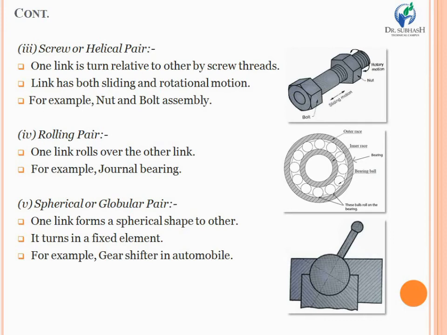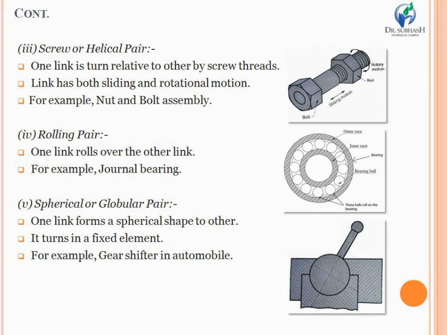For example, take a nut and bolt assembly: whenever you tighten the bolt in the nut, due to the thread the bolt will move, or the nut will move, along with sliding action. This is a typical example in which motion of one link is possible with respect to the other link by virtue of screw thread.